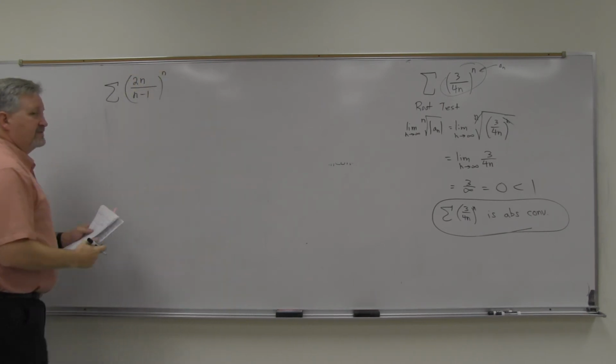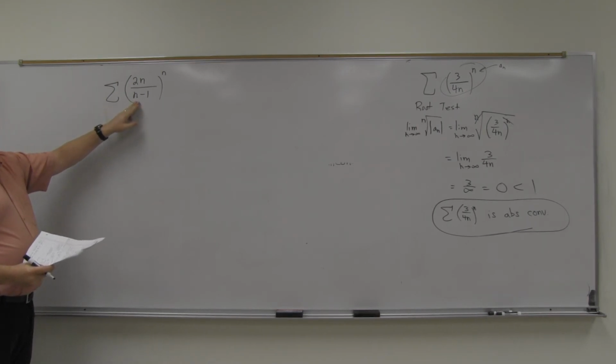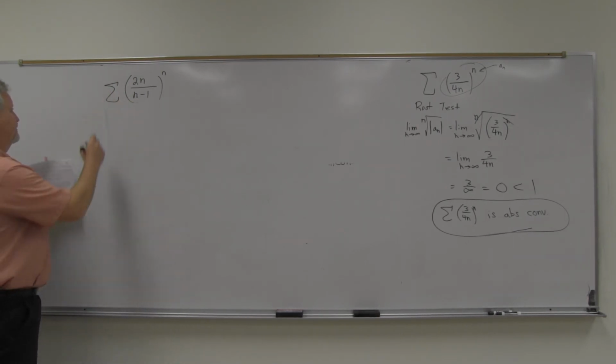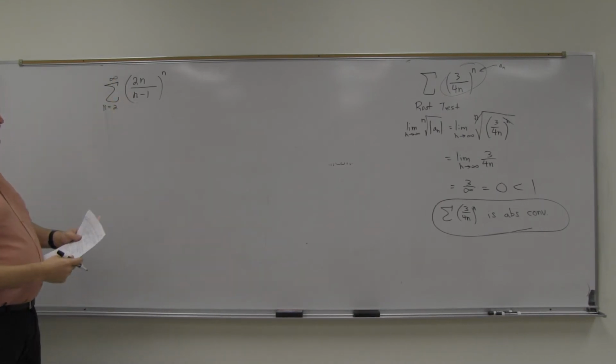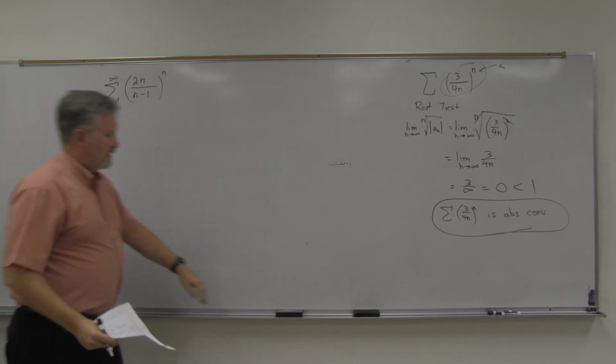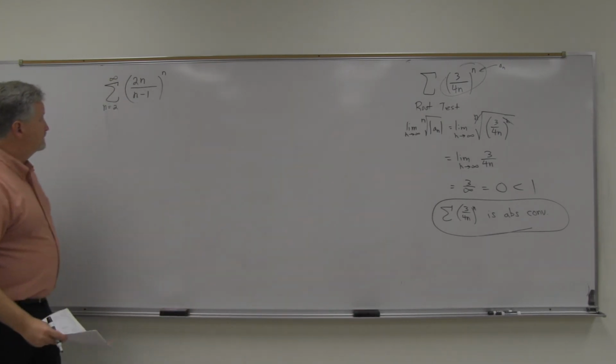Now, what you might see on this one is we make an adjustment here because n can't be 1, so we start at n equals 2, but that really doesn't affect anything that we're doing other than changing the first term.